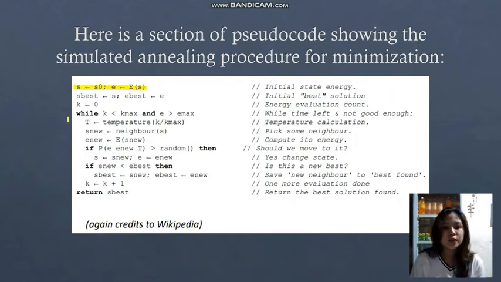It uses a loop, where k is the evaluation count and T is the temperature, with an if-then condition, and returns the best solution.